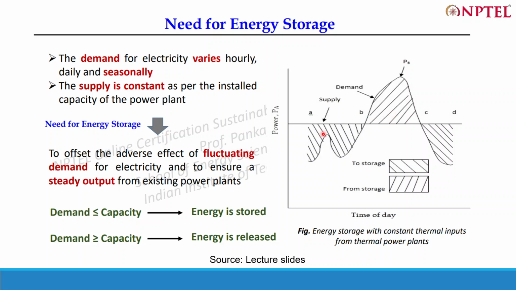When the supply is, let's say, 240 megawatts and the demand is only 120 megawatts, we store this energy because we can't let it go to waste. Energy is very precious. It takes a lot of effort to generate, and fossil fuels or other resources are needed to generate energy. This is the reason that we store the energy.